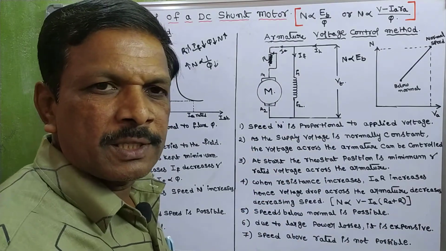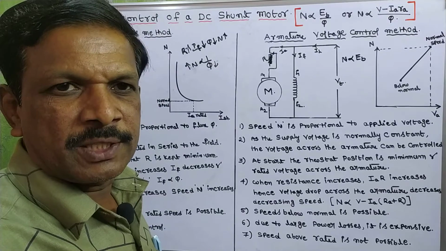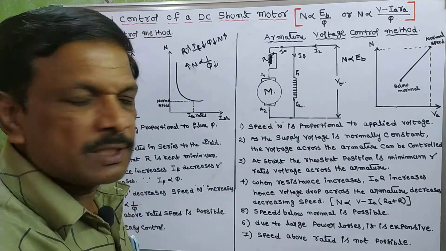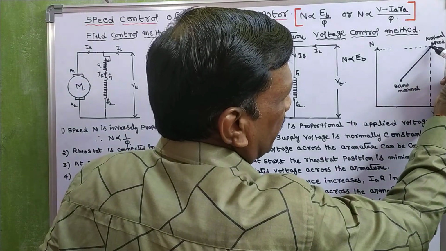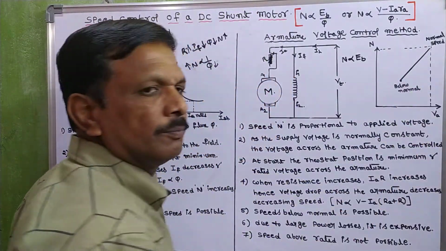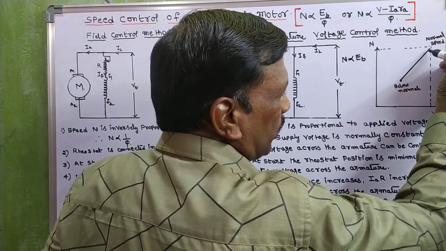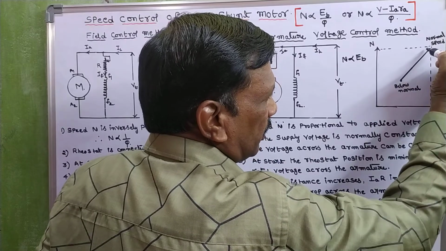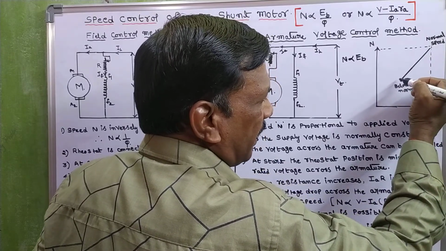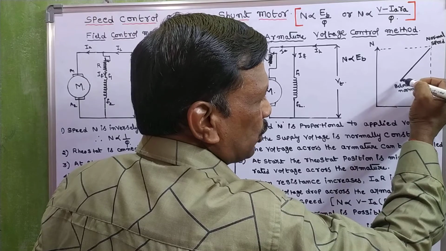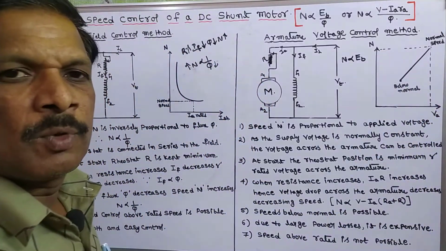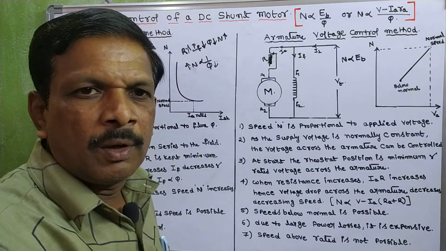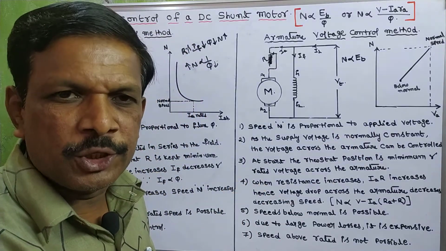When drop increases, the net voltage decreases. When net voltage decreases, the speed also decreases. So we can see here, this is the normal speed. Slowly, when drop increases, the armature voltage decreases and the speed also decreases. Why? Because speed and armature voltage are proportional to each other.